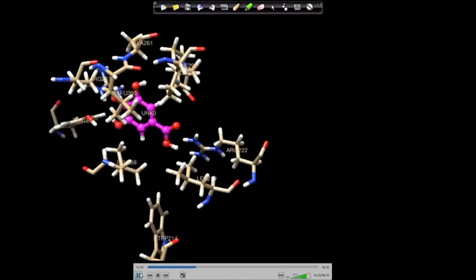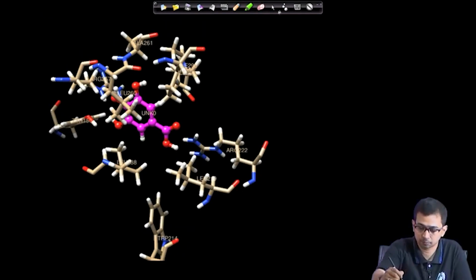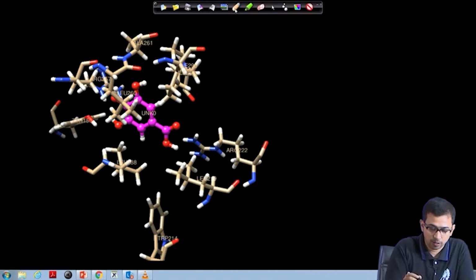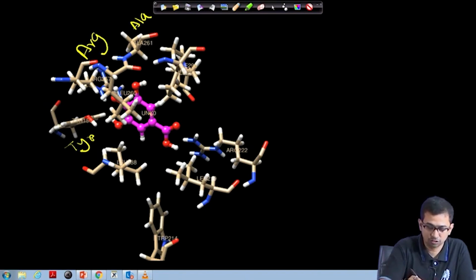If we pause this for a while and analyze this, what we can see is this type of structure. There are tyrosine residues, alanine residues, arginine residues, and this UNK part is basically our gallic acid moiety.